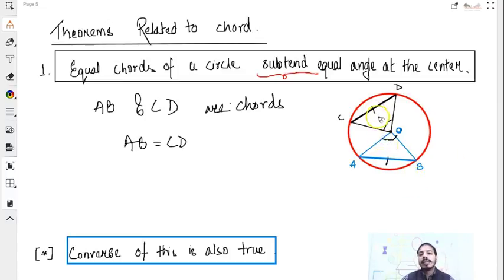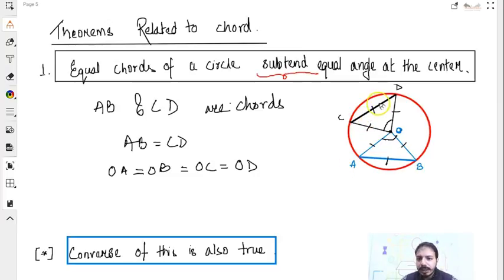First of all, we will join this point C with the center, D with the center, A with the center, B with the center. Once we join this, OA is equal to OB is equal to OC is equal to OD, because these are all radii of a circle.